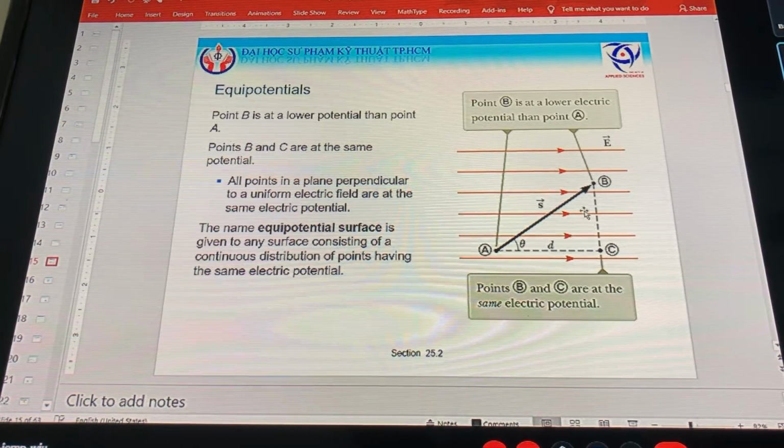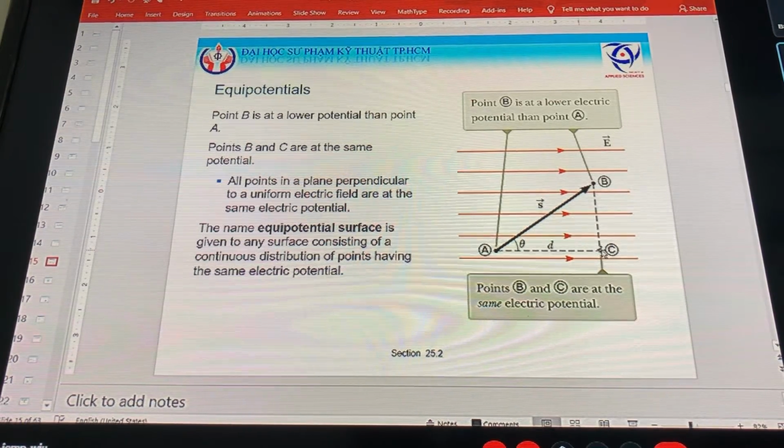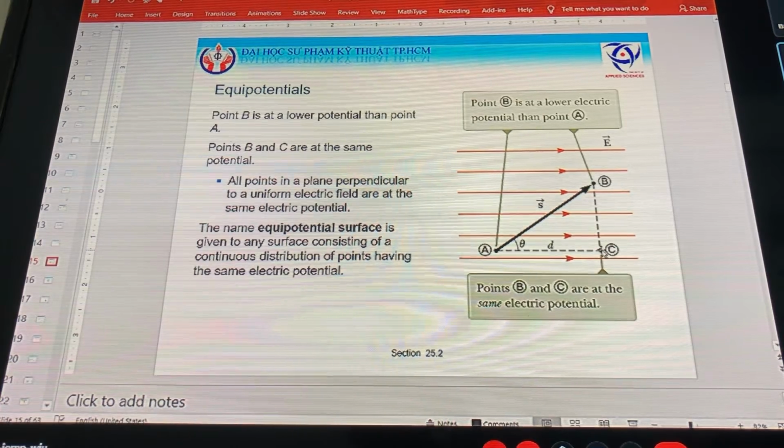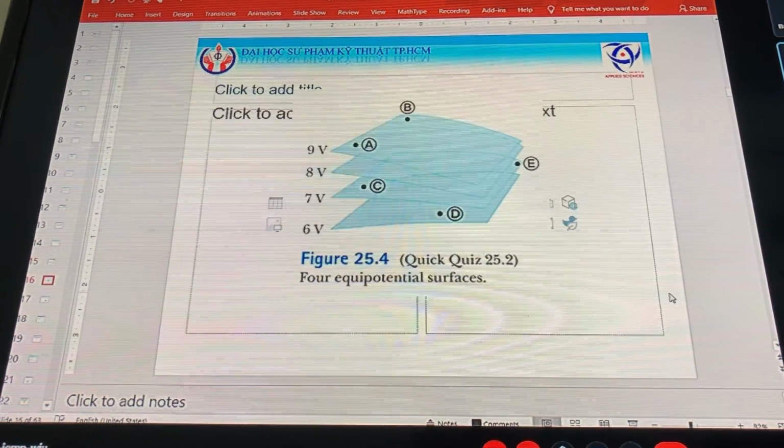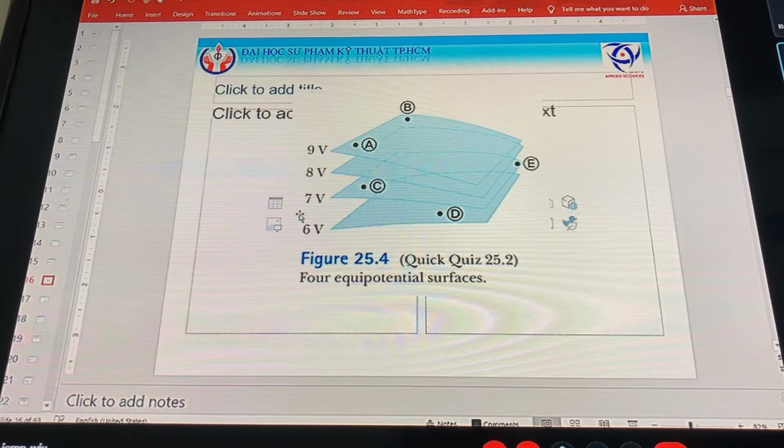In Vietnamese, đẳng thế. Okay, and in space, instead of a line here, we will have a plane. It's an equipotential surface. For example, here, I have a surface with the potential of 6 volts, 7 volts, 8 volts, 9 volts.